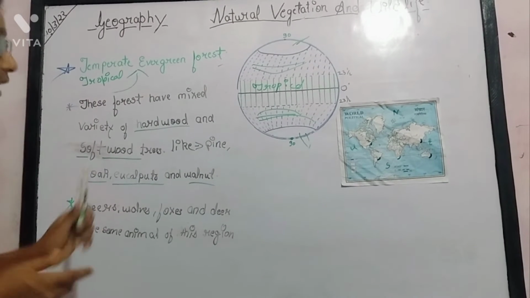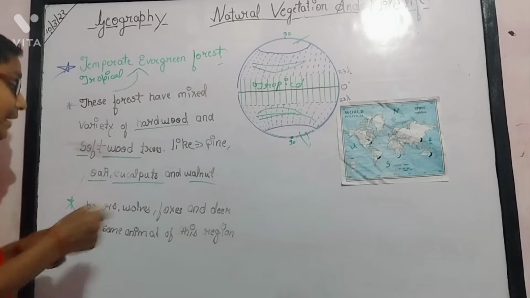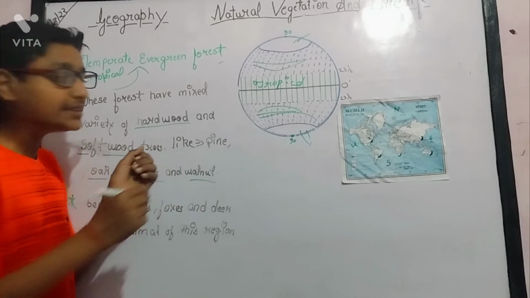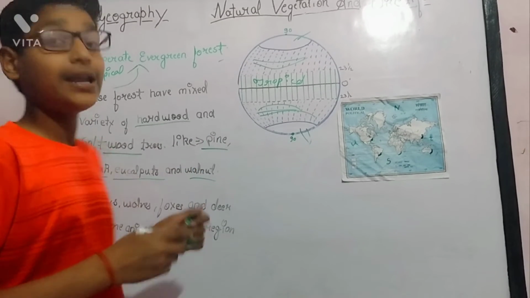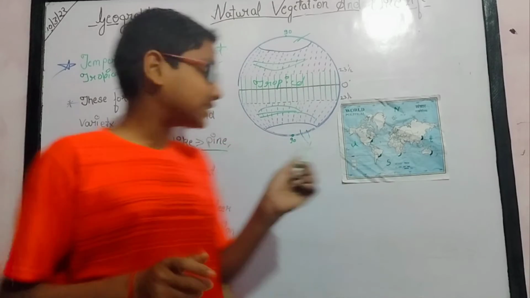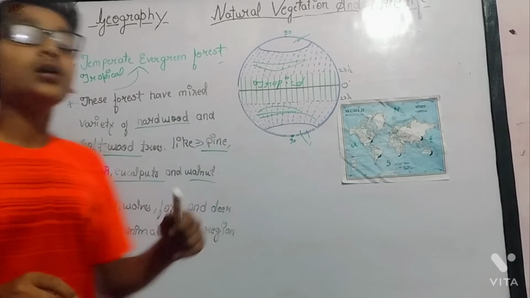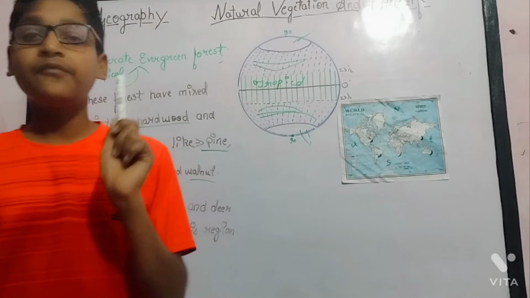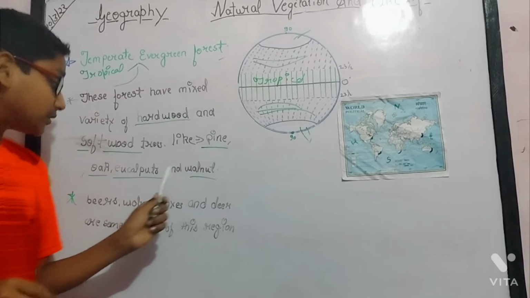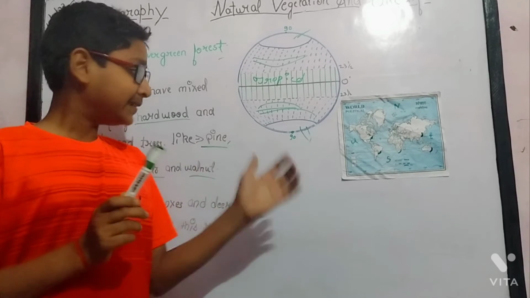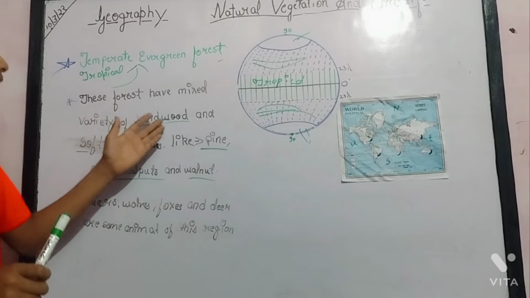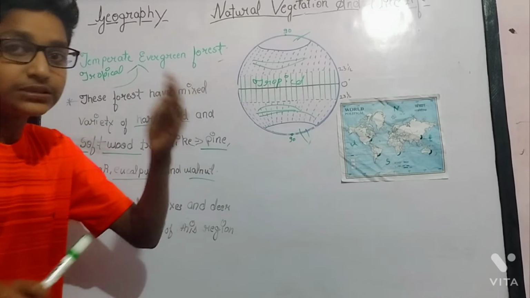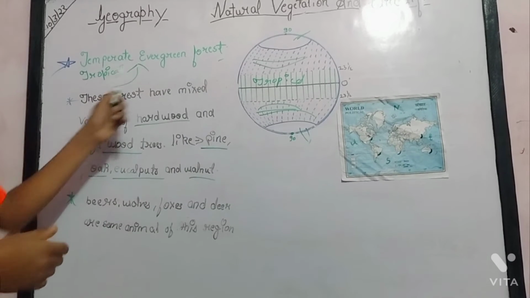I hope you understand. So what are the trees found in these forests? Like pine, oak, eucalyptus and walnut. Some of you have seen the eucalyptus. These are some trees found in this region, a variety of hardwood and softwood found in temperate evergreen forest.